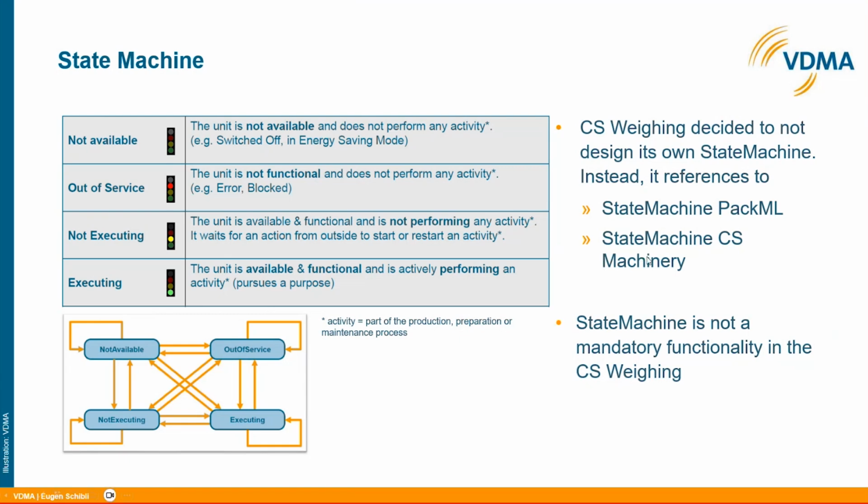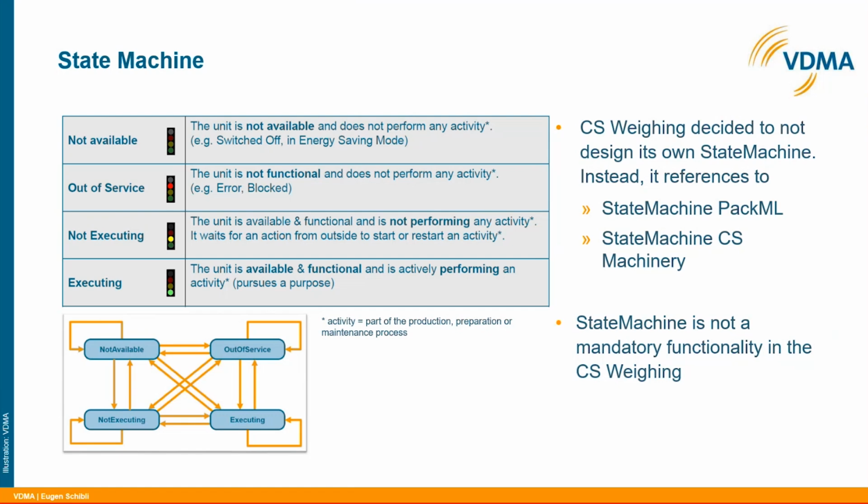Then in the last version, version 2.0, when we were close to completing this, the companion specification machinery completed their state machine. And in our standard we now reference two state machines, PackML and the companion specification machinery.